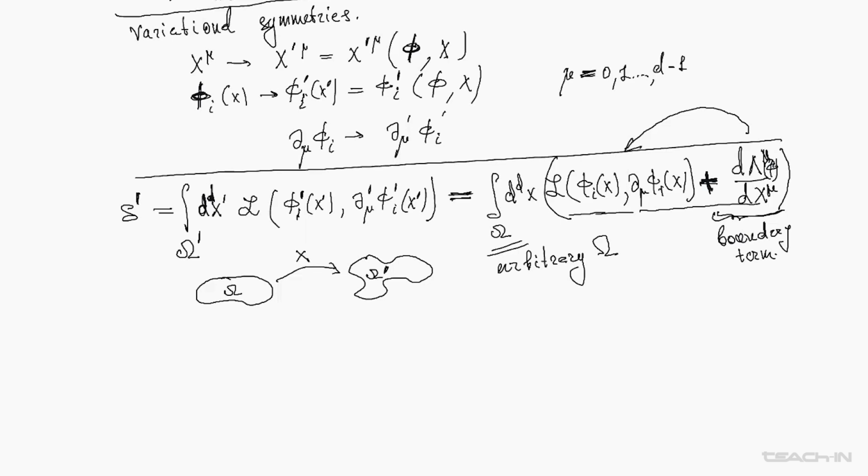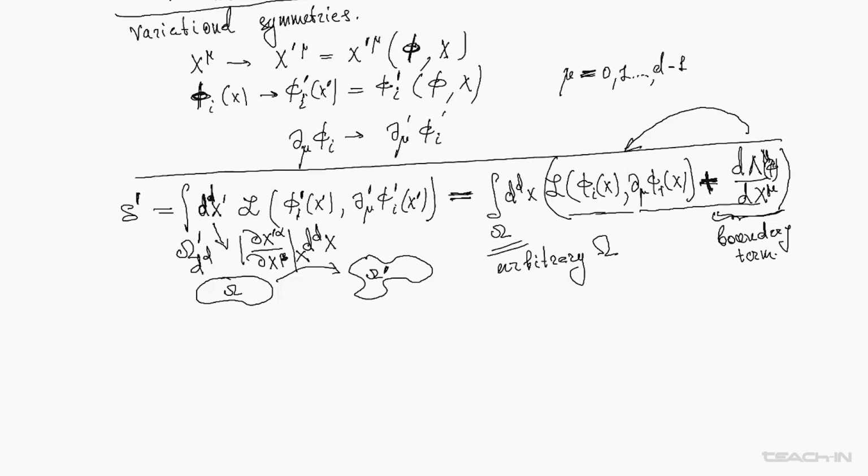And you know how to do it. Under the change of coordinates, you use the Jacobian, which is the determinant of the Jacobi matrix, dx prime alpha over dx beta, multiplied by the measure d^dx. And so this is the measure d^dx prime. Under the change of coordinates, this is the way the measure will be transformed.